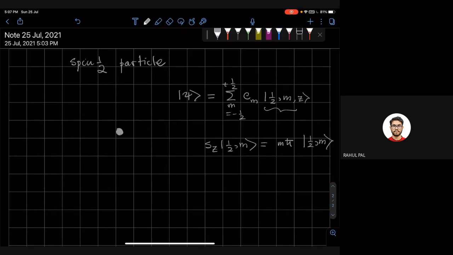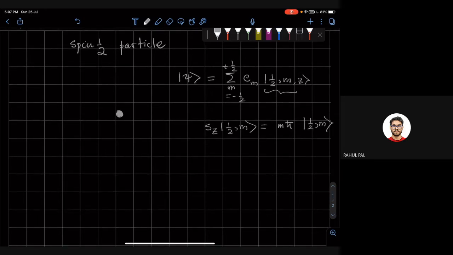So for example, could I have written this in terms of basis states which, instead of being eigenstates of S_z, were eigenstates of the S_x operator? Could I have done that? Could I have expressed psi in terms of these?